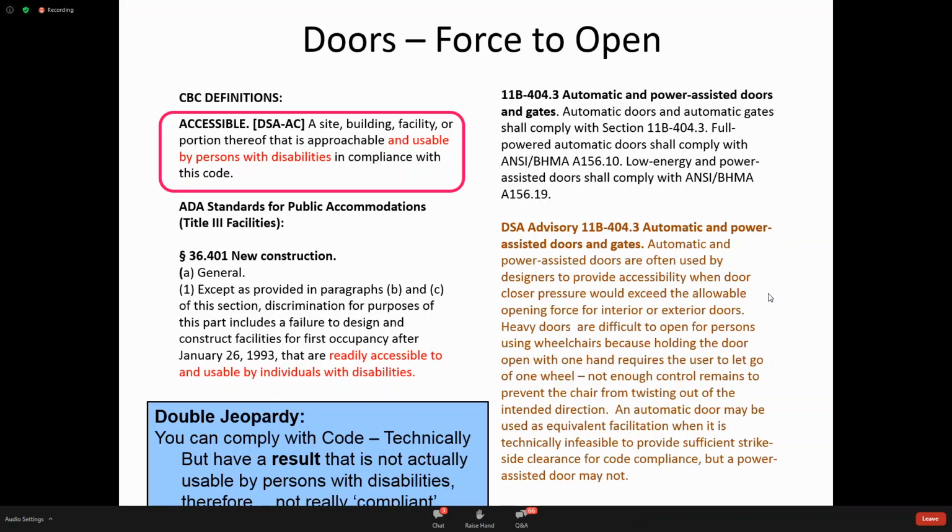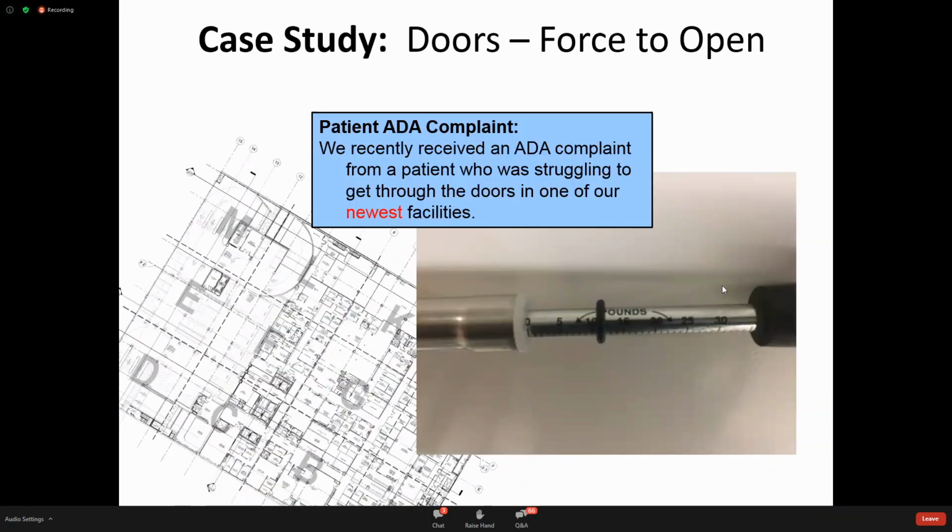We have had complaints. What I want to share with you is kind of a lessons learned and where this has gone wrong. So I have a case study we're dealing with right now. I will not share with you the names or the facilities to protect the innocent, but this is an ongoing thing. We have a large facility we just opened about a year ago.